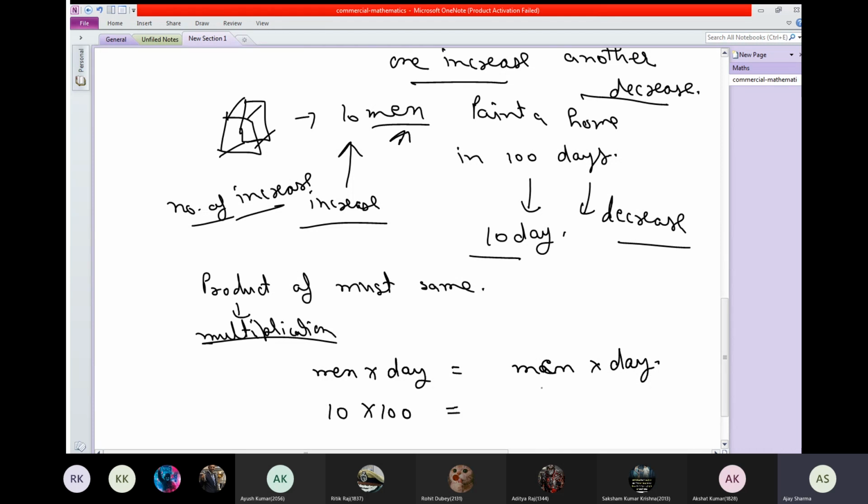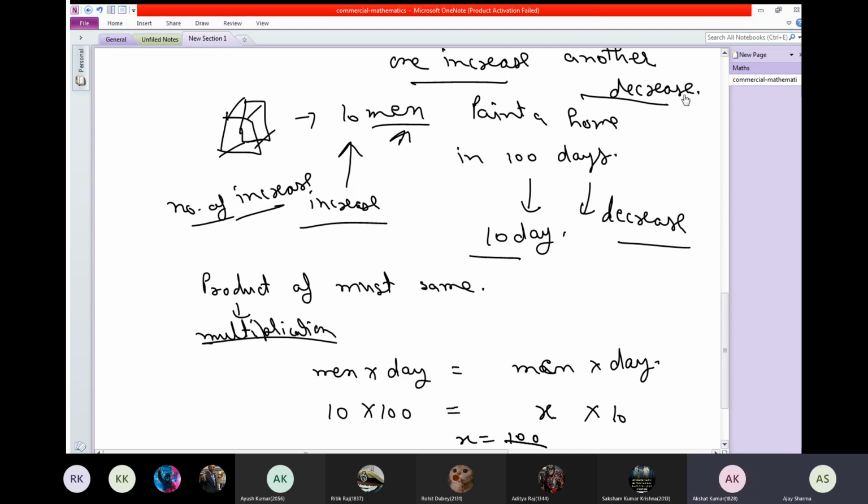In the second one, we have to find the men, but the days given is 10. Let the men be x, and you can solve it and you will find x equal to 100. So the number of men must be 100. We will solve this question not by the unitary method but by variation, direct or inverse.